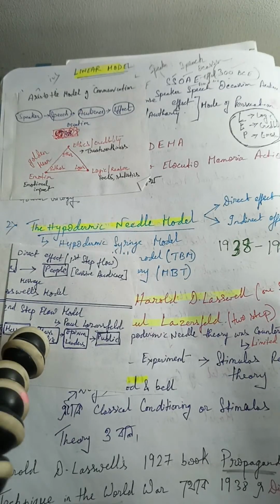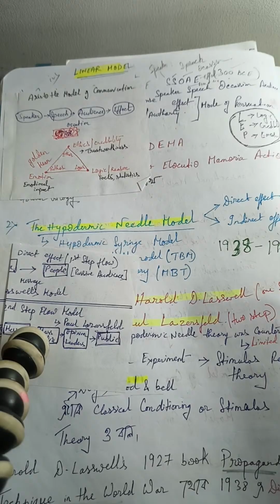Models simplify the process of communication so that we can understand who is speaking, who is listening, what the message is, and whether it is one way or two way. Here it comes, the linear model: is it one way or two way? There are many communication models, but we group them mainly into two types.